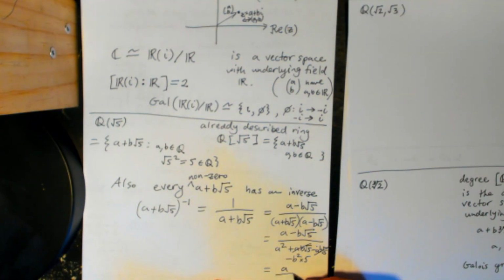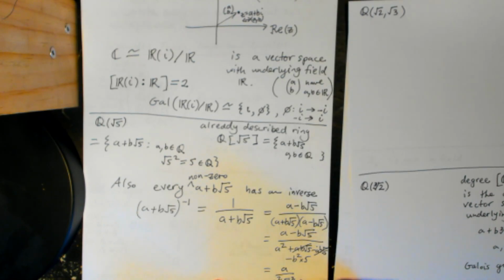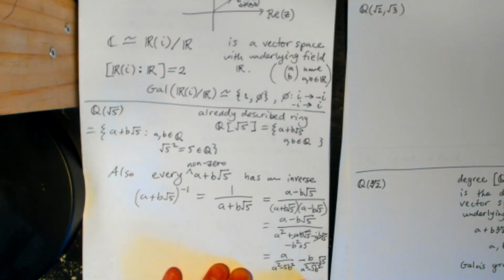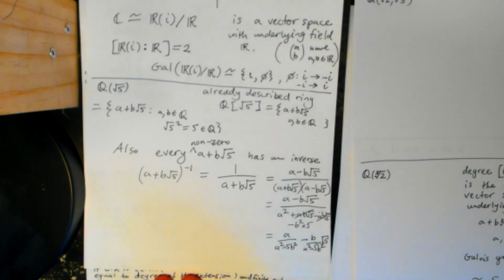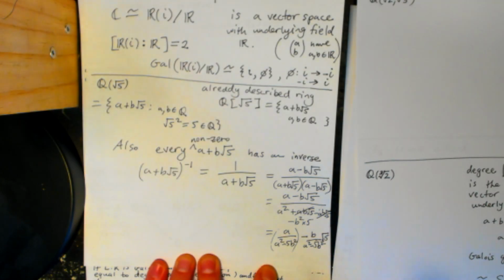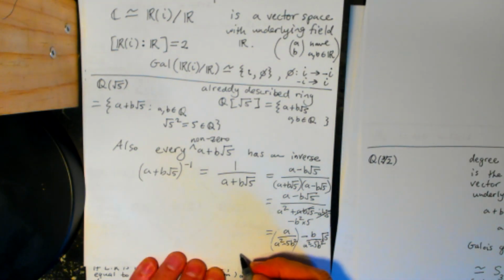So we have a over a squared minus 5b squared. And then we have minus b over a squared minus 5b squared, and then this times root 5, because we still have that root 5 there. Okay, now this and this are both rational numbers.